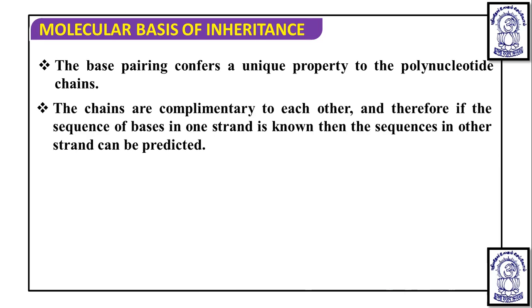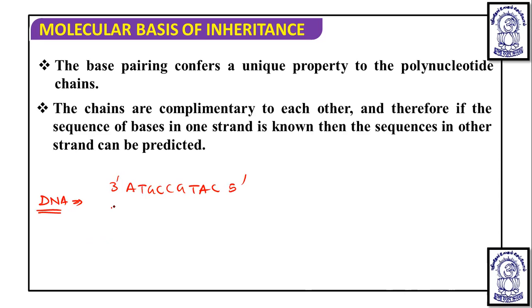Suppose we take an example, a DNA having one strand, and the DNA has an anti-parallel nature, which we will study. The strand has the sequence A, T, G, C, C, G, T, A, C, ending at 5 prime. This is the one strand.